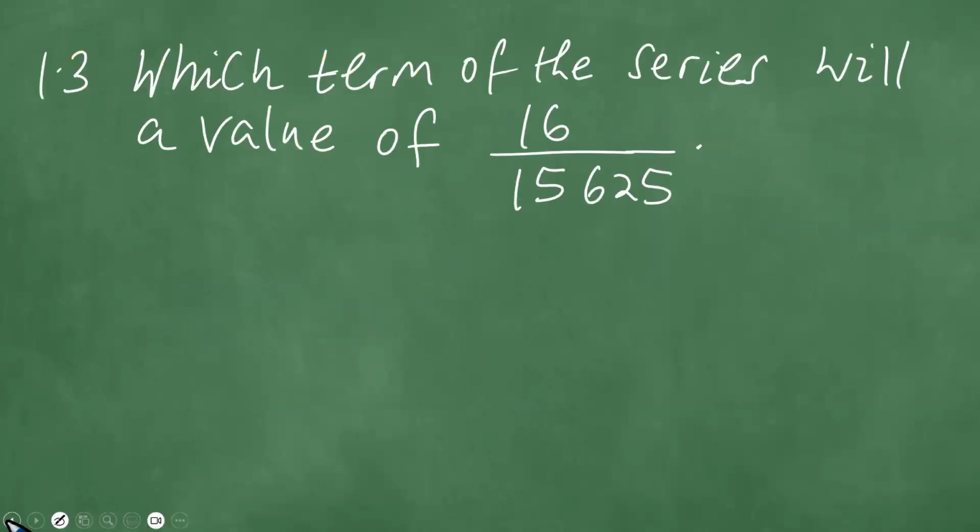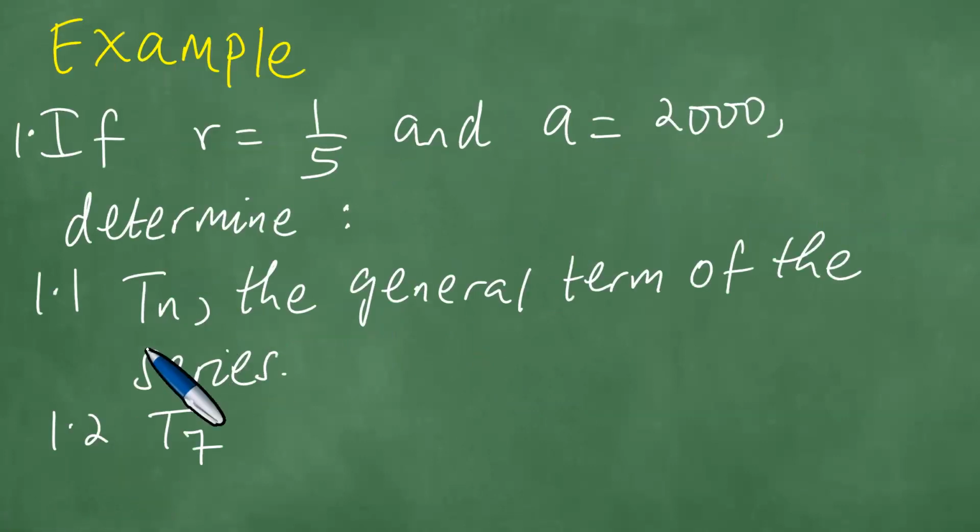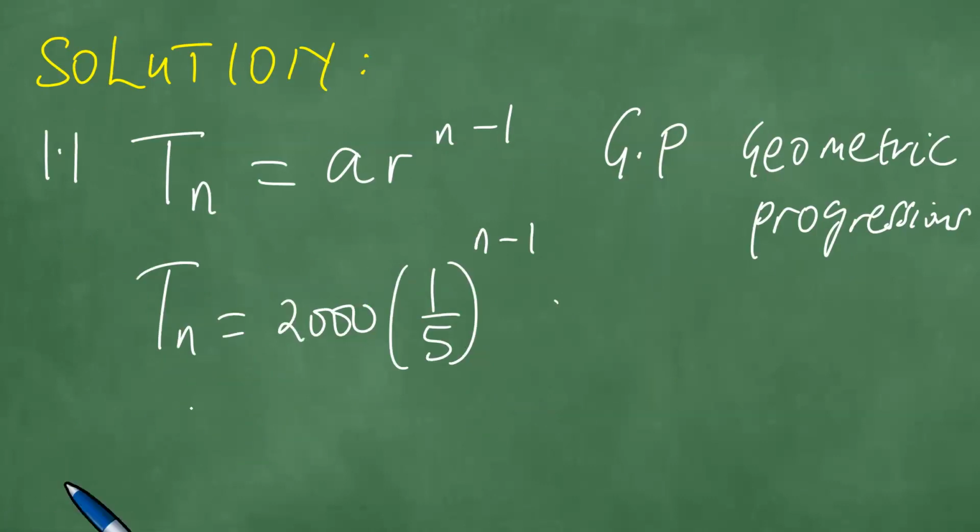The question is saying determine Tn, the general term of the series. So we need Tn, and therefore this is Tn. We use the Tn formula that has R in it because we're given R is 1 out of 5. So Tn equals AR to the power n minus 1 works for GPs, the geometric progressions. And the Tn is this.